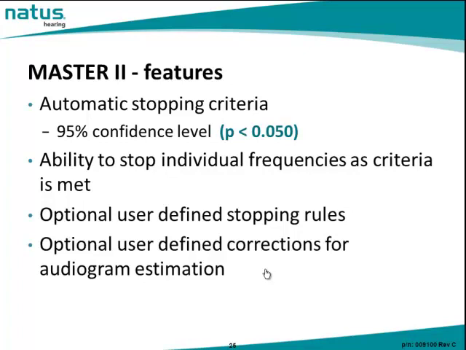The default correction factor is 10 dB across the board for all frequencies. So for example, if the lowest level at which you achieve a statistically significant response is 40 dB at 1000 Hz, behavioral hearing thresholds would be estimated at 30 dB, or 10 dB less.